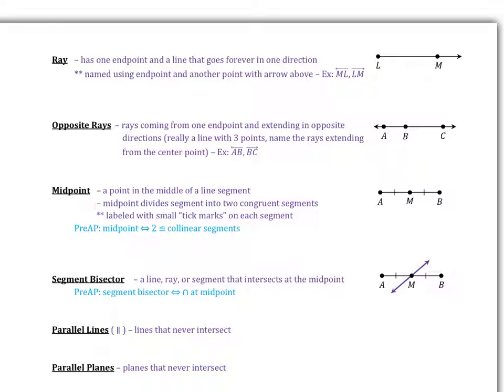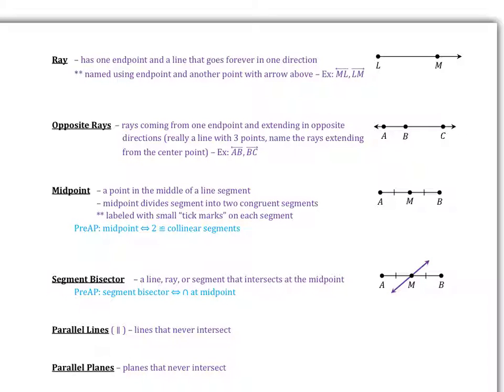The midpoint is a point in the middle of a line segment. It's exactly in the middle so that the segment is divided into 2 equal parts, and we label that with 2 small tick marks on each segment. This midpoint gives us 2 congruent, collinear segments.